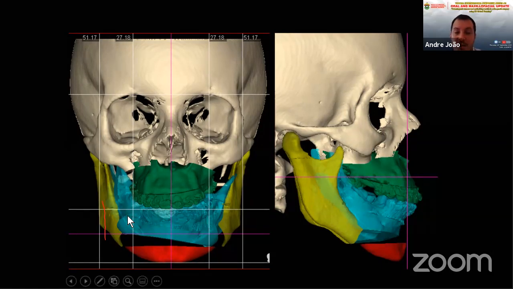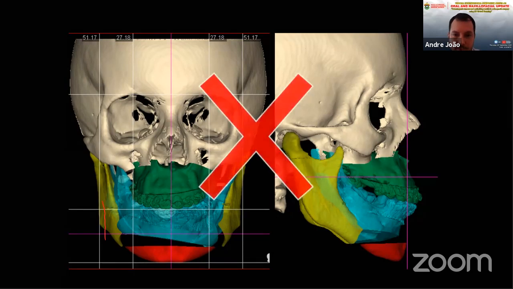I would get a lot of interference. I probably wouldn't be able to fix the bones here, or I would displace the condyle out of the fossa. And when this patient wakes up from anesthesia and recovers the muscle function, it's going to be completely asymmetric.